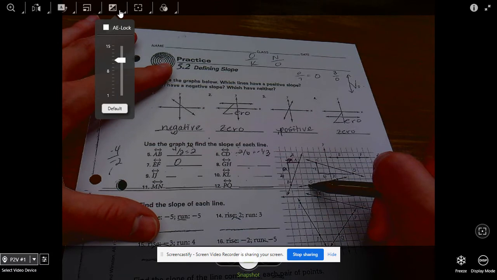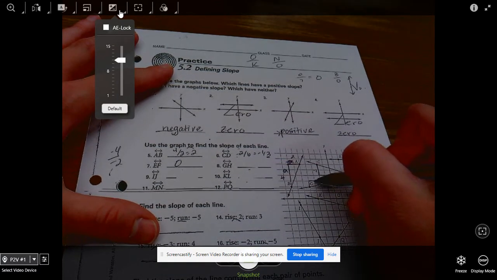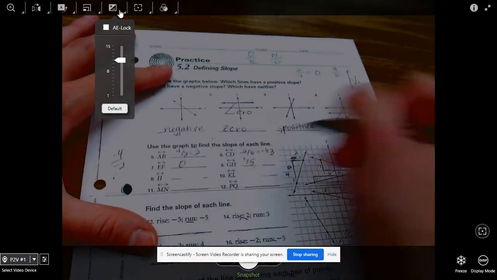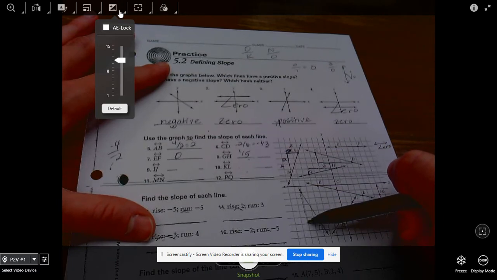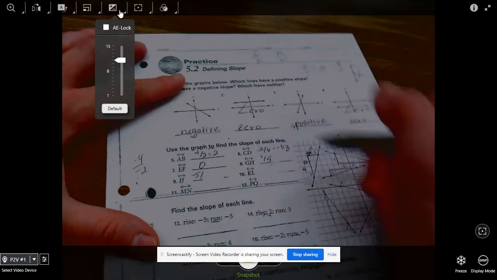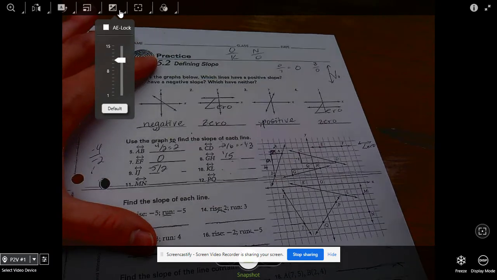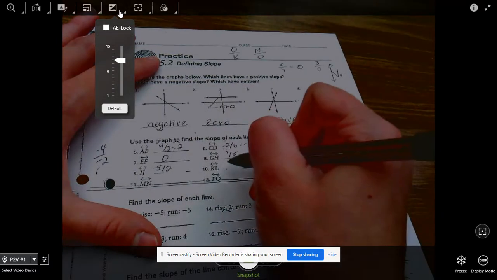GH, you went up 1 and over 1, 2, 3, 4, 5. IJ, you went down 1, 2, 3, 4, 5. And you went over 1, 2. KL, you went down 1, 2.